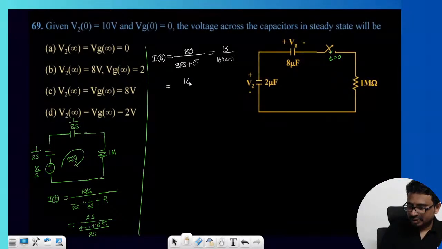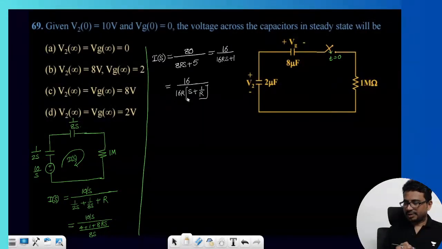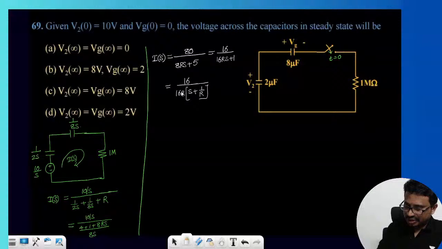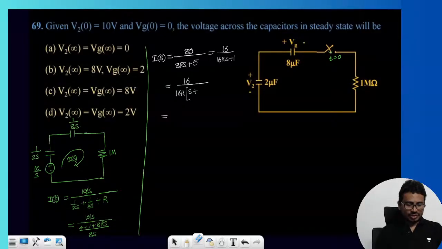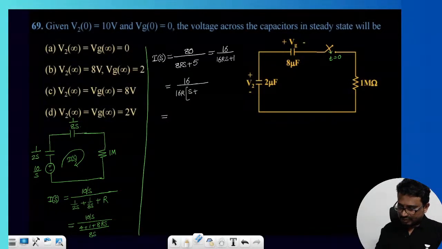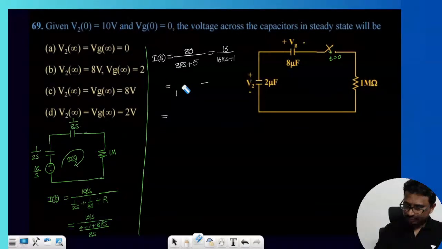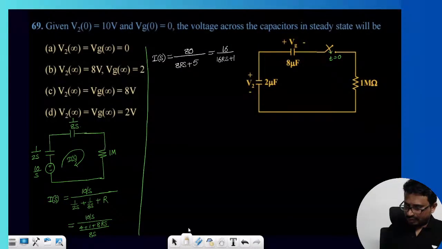We have taken 16R common, then it becomes S plus 1 by R. Then 16 will get cancelled, 1 by 16 also. R equal to 1 we can place.